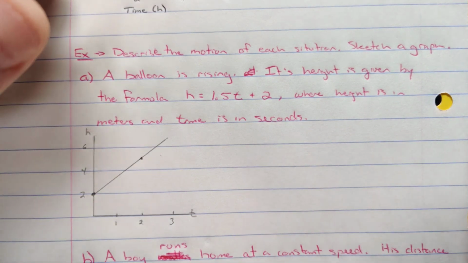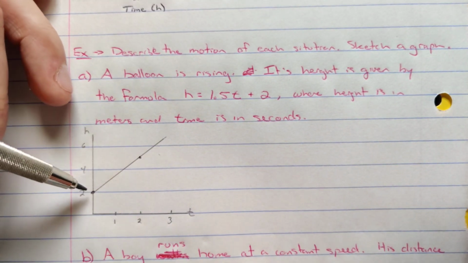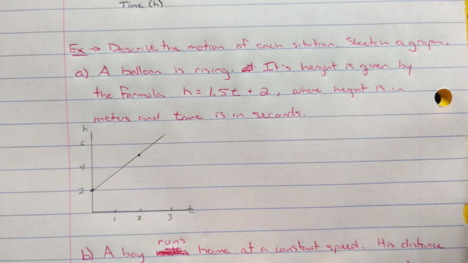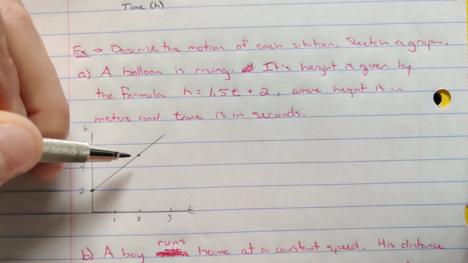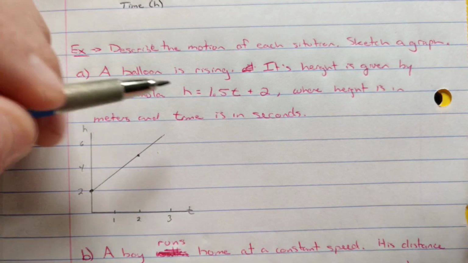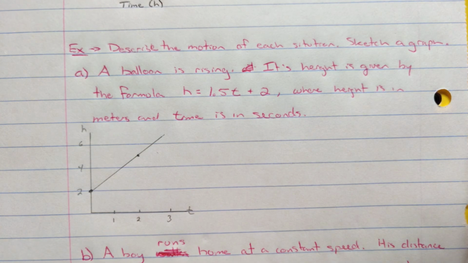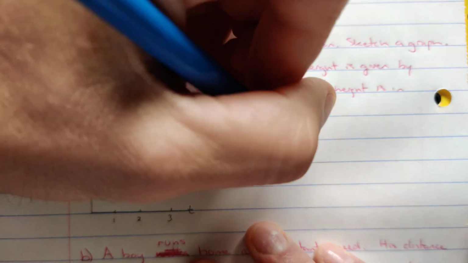And so now if we describe that, it starts 2 meters above the ground because it's a balloon rising. So we're starting 2 meters above the ground, and it moves upwards at a constant speed of 1.5 meters per second.